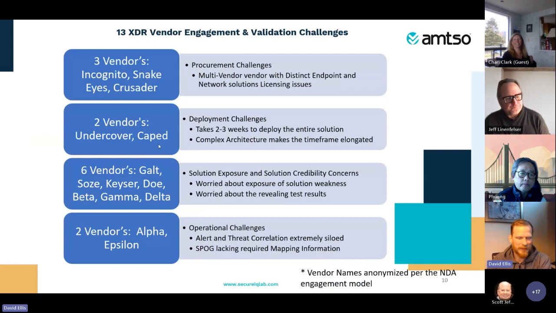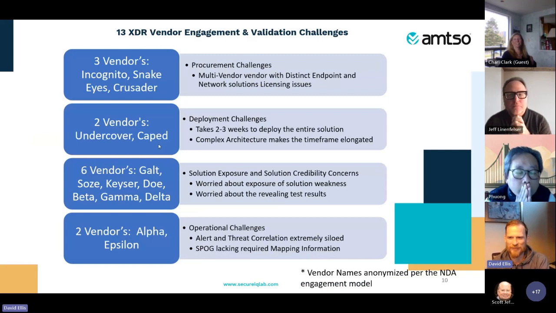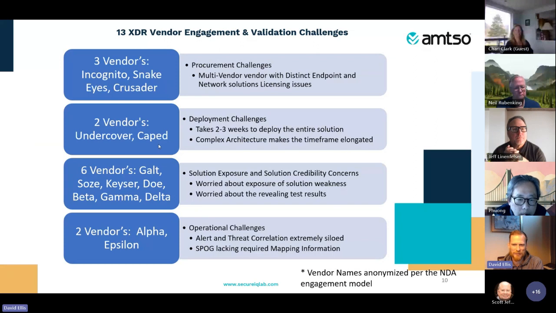While we're engaging with different vendors on the topic of XDR, we decided to creatively come up with some anonymized names, just because we want to make sure we honor the NDAs in place.